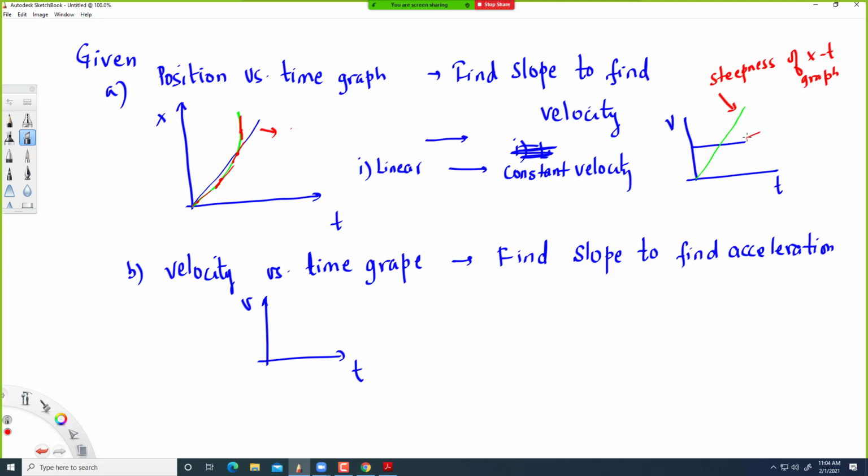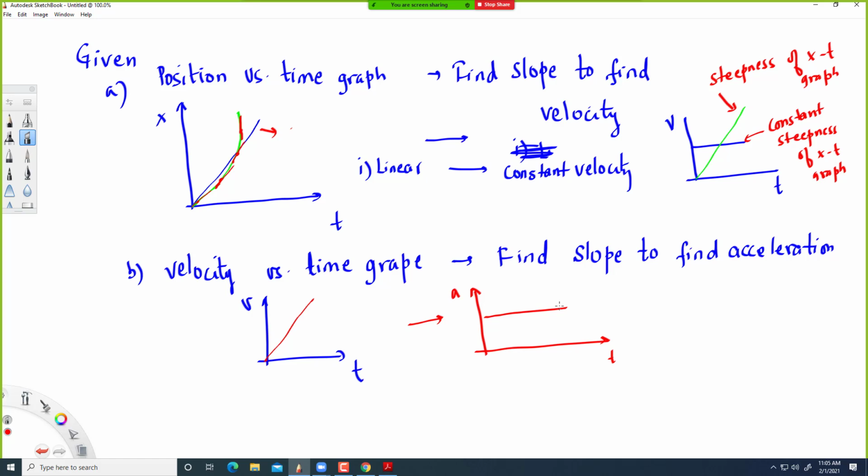So, this tells us constant steepness of the xt graph. Same thing with the Vt graph. If you have a linear Vt graph, something like this, then its acceleration would be constant. Acceleration is the steepness of the Vt graph, so we have the same steepness.